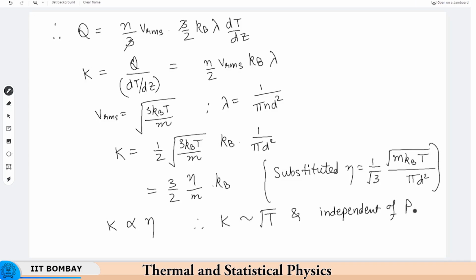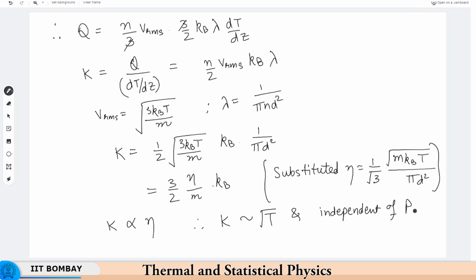So, this is how we can make sense of these properties of gases by just working out this expression, right. So, this is a way of understanding the transport properties of ideal gases through the formulation of kinetic theory.